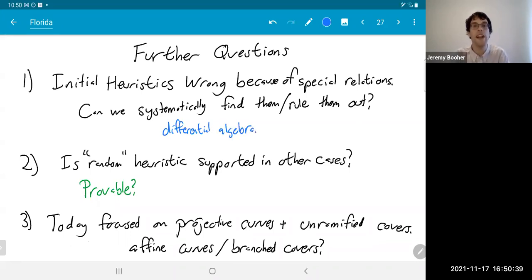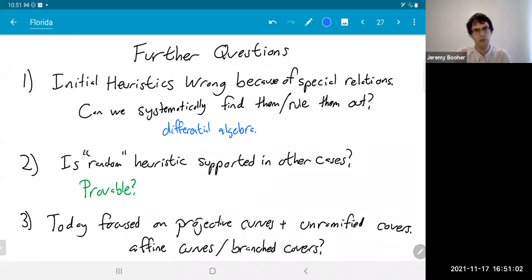What this would do is, if I give you a family of curves, it would translate finding all these special relationships into a question about solving a system of differential equations over the rational numbers. So that would be a very good thing to start with.